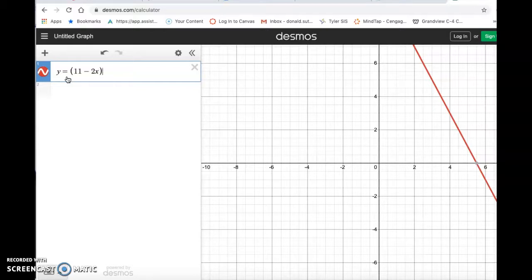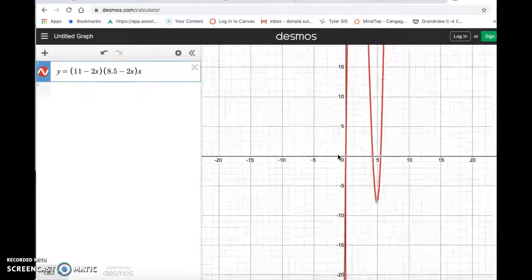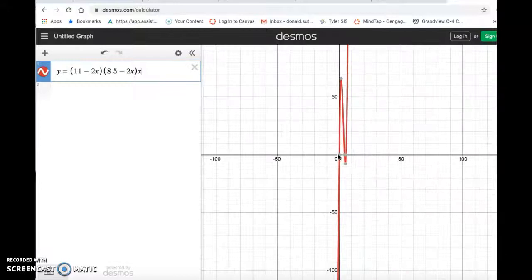So that's a line. 8.5, not 85, 8.5 minus 2x. Now it's a quadratic. Times x. Now it's a cubic.